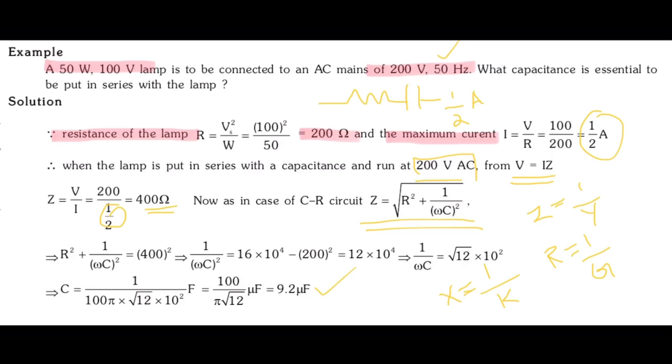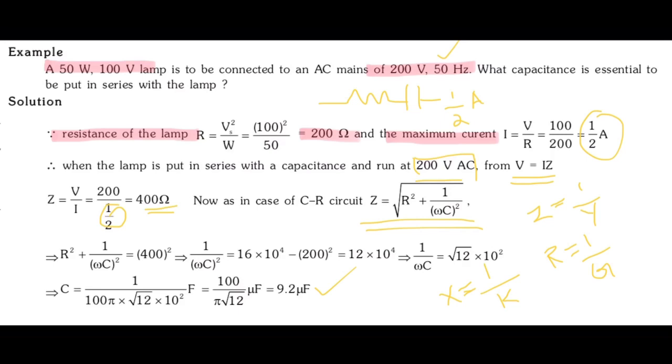What does that indicate? It indicates that the resistance and capacitor are connected in series. The current is the same as in the previous case when the capacitor was not connected, which was half ampere. It remains the same. So now this bulb or lamp will work perfectly without any issues. And how did it work?